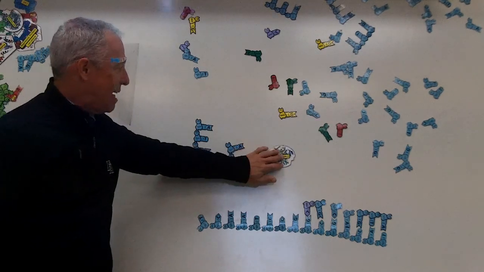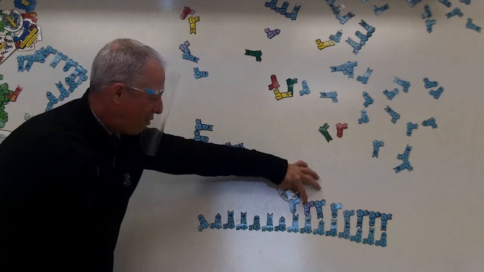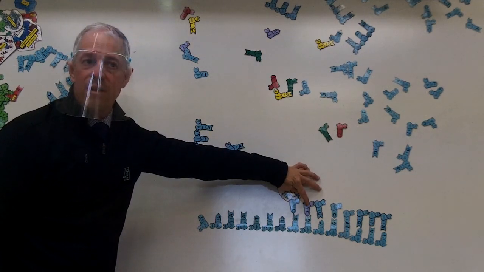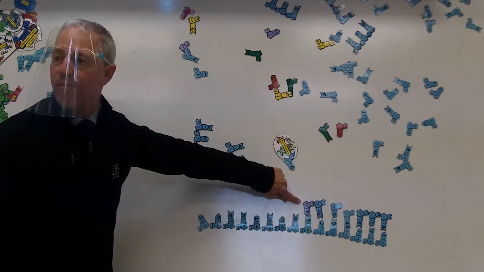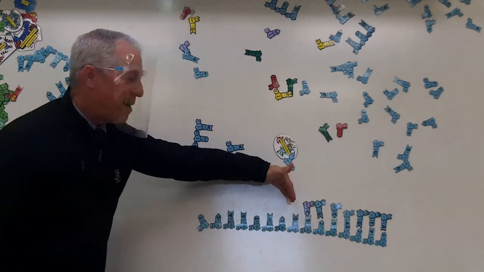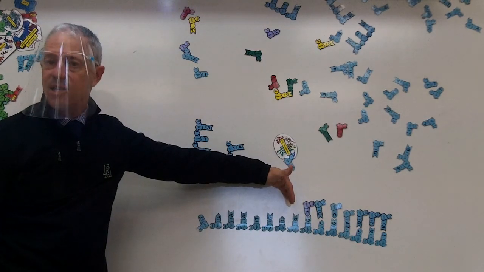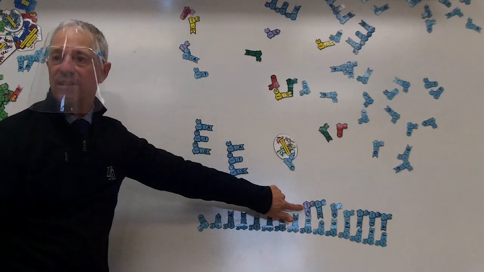Now, it cannot grab another nucleotide and attach it after that one, because this one is missing that OH group, right? So we have, in effect, terminated the sequence. That's why they call these ddNTPs terminator bases.